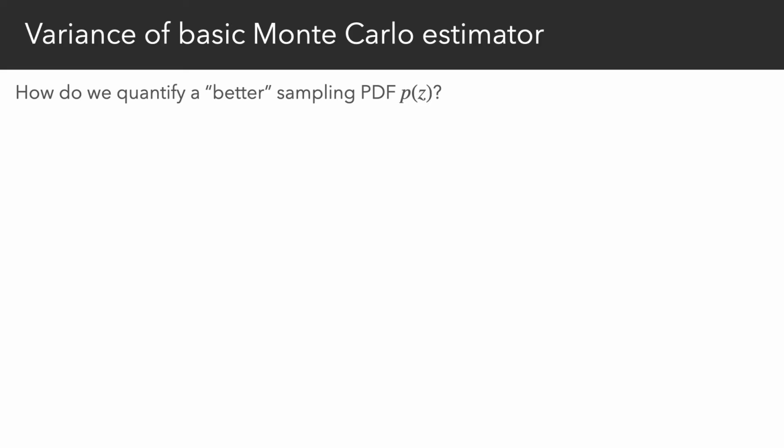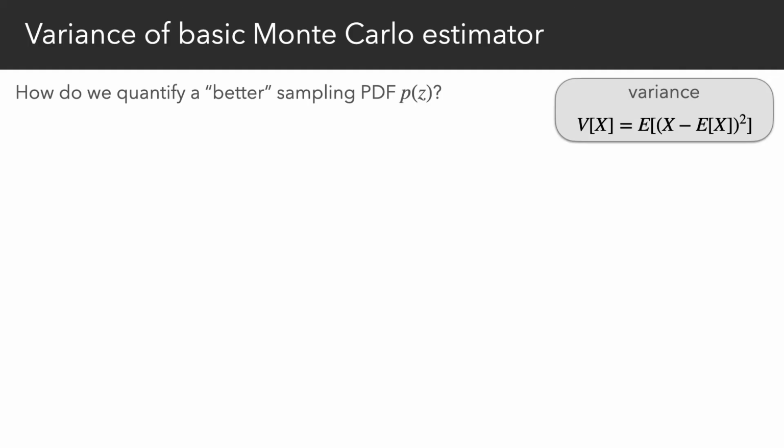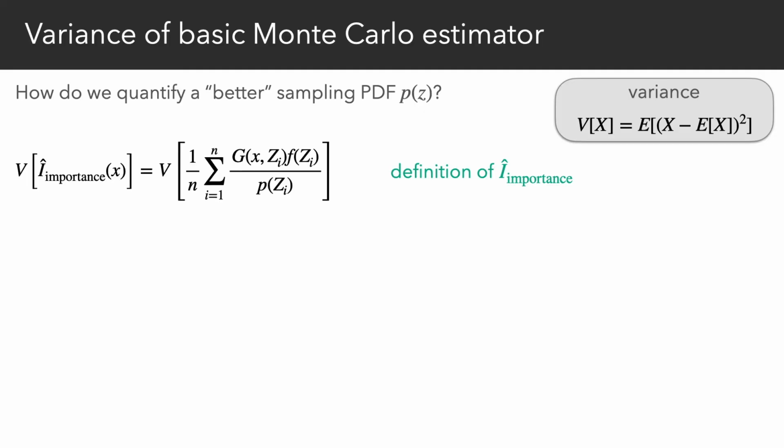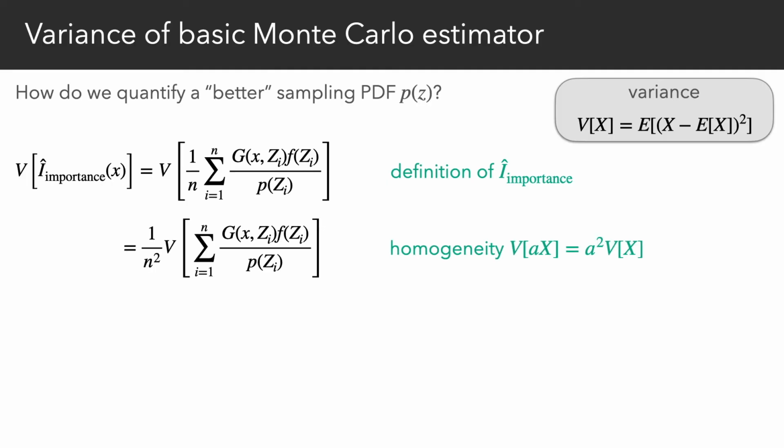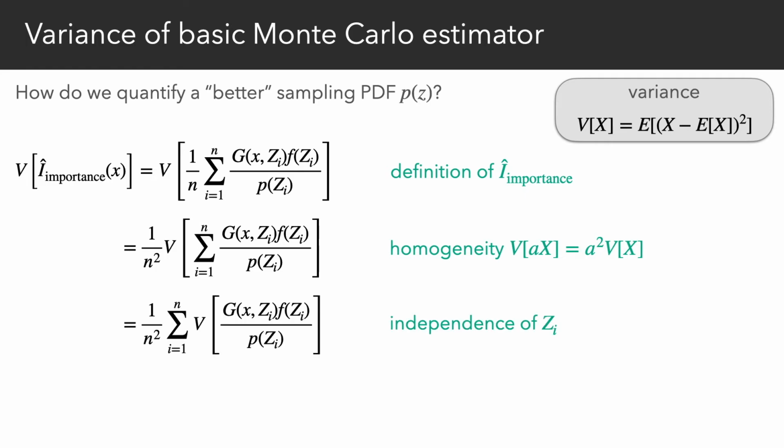We can consider the variance of the importance sampling estimator, which is just the average squared distance of the estimator from the true integral. To compute the variance, we use the definition of the importance sampling estimator, apply the homogeneity property to move the constant out front, and use the independence of the estimates to move the variance into the sum.